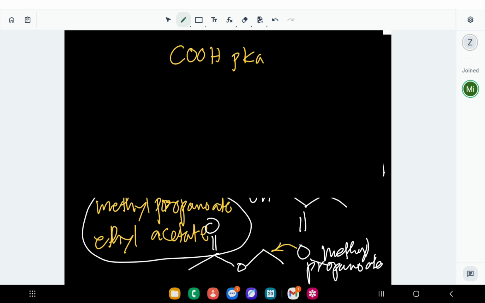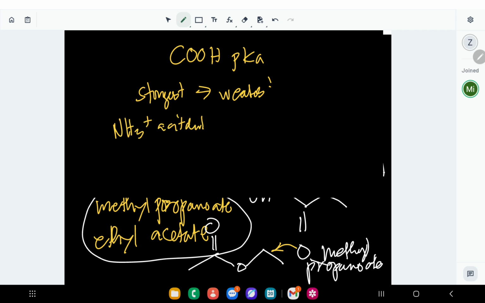So COOH acidity, strongest to weakest: alpha isomers are greater than the beta and gamma. And then we have the NH3 plus acidity. The pKa of ammonium is lower, meaning it is easier to lose a hydrogen or proton.